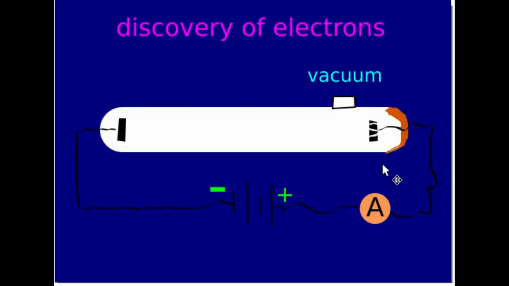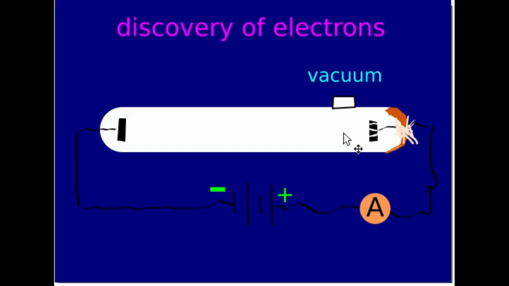Then the experiment continues. He found that there is a glow at the fluorescent coating. That means some particles from the cathode travel towards the anode and strike this fluorescent coating. That is, these rays are coming from the cathode and travel in a straight line if they are not deflected by an external magnetic or electric field.